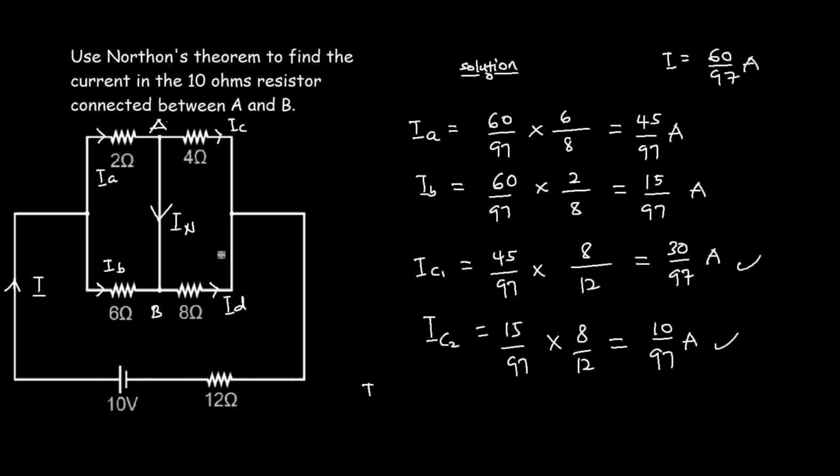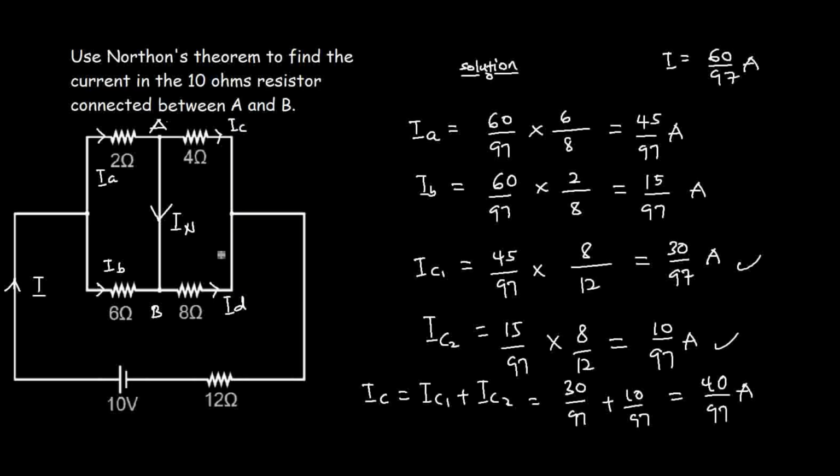So IC equals IC1 plus IC2, and this will be equal to 30 on 97 plus 10 on 97, which is 40 on 97 amperes. So that was the total current flowing through the 4 ohms resistor.